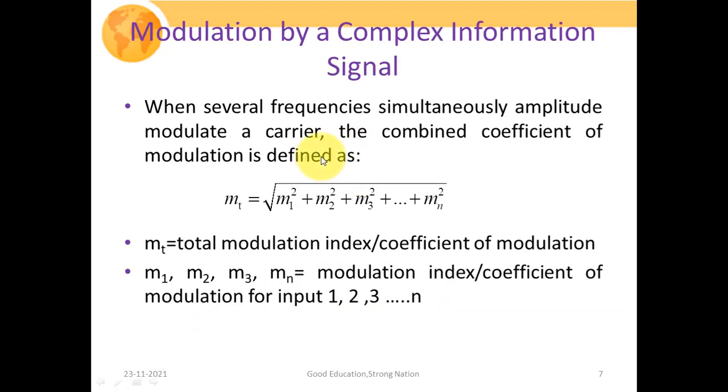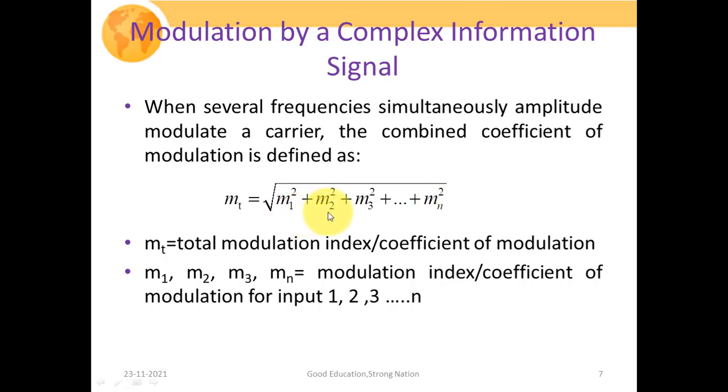So in general, how are we going to calculate the modulation index for this complex or composite information signal? That is, when your message signal contains multiple frequency components. Whenever several frequencies simultaneously amplitude modulate a carrier, the combined coefficient of modulation is defined as mT, the composite or total modulation index, which is equal to the square root of m1 square plus m2 square plus m3 square up to mn square, if we are considering that there are n frequency components available in your composite message signal.